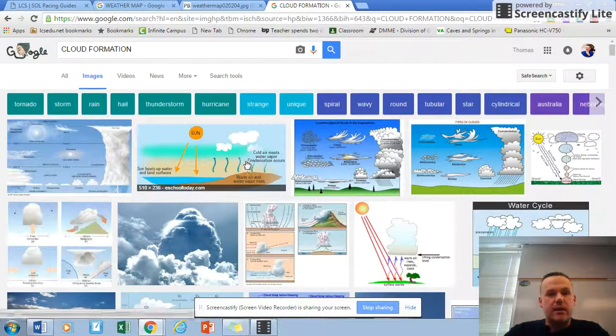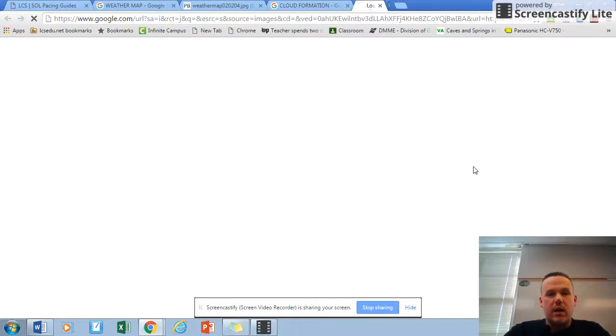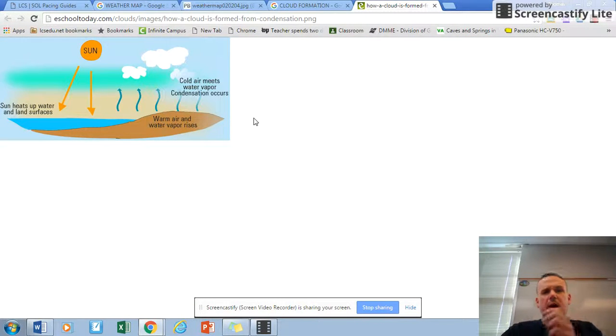What it does is it condenses on something called condensation nuclei. And condensation nuclei can be anything like small sand granules, dust, bacteria, even down that is floating in the air.